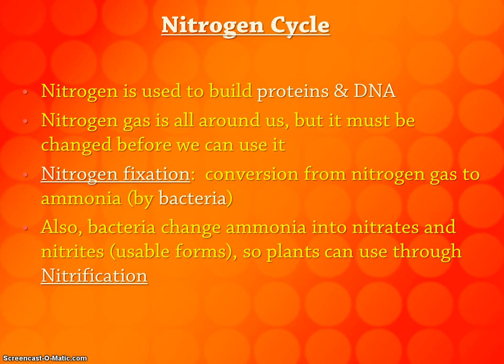Nitrogen fixation, making the gas into ammonia, is what bacteria do, and then nitrification turns that ammonia into nitrates, which plants and animals can use. This is a key role bacteria play. If we didn't have these processes, we would not be able to take in extra nitrogen, so we wouldn't be able to build more DNA, we wouldn't be able to obtain more protein, that type of thing.